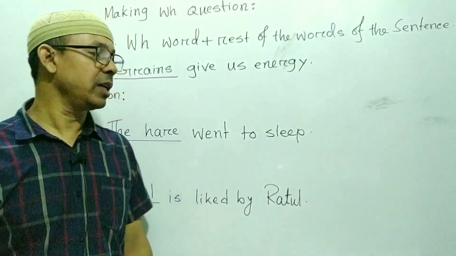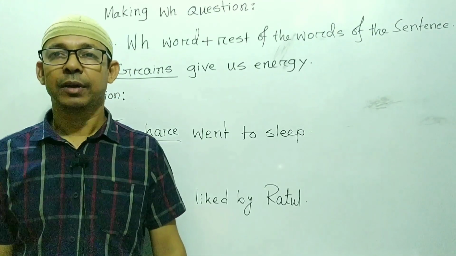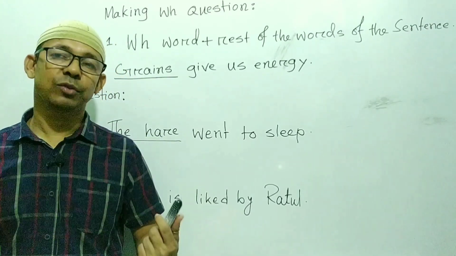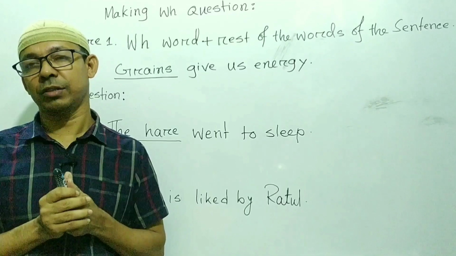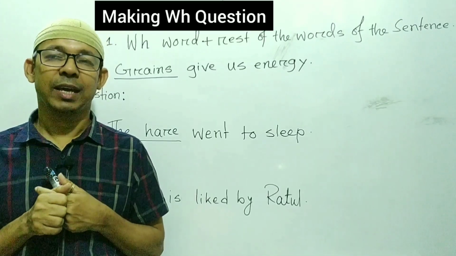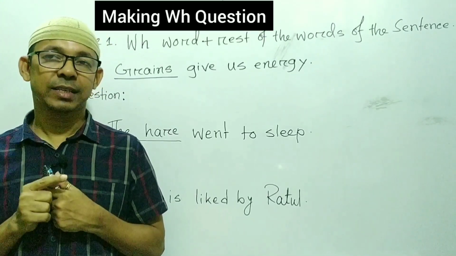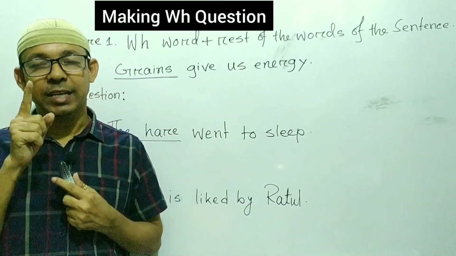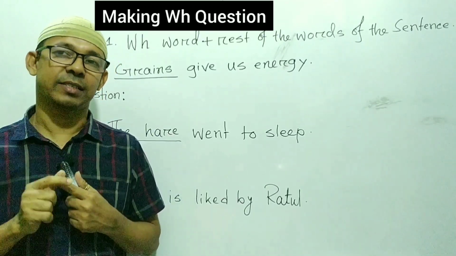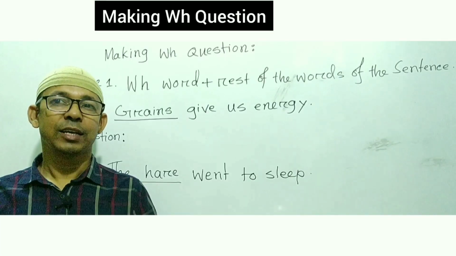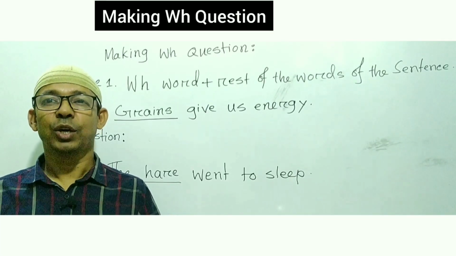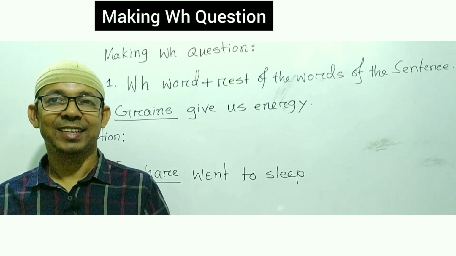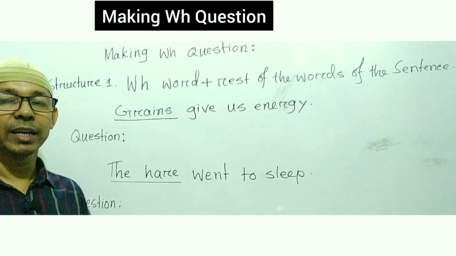Okay. So, we know that for making WH questions, we have to follow some rules and steps. Step number 1 is that you have to select the WH word first.